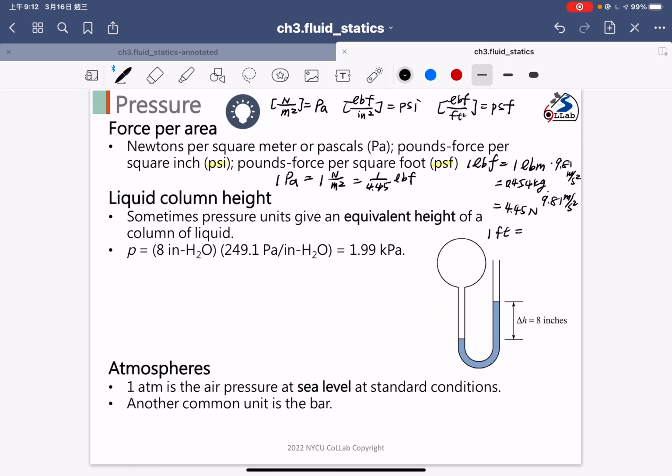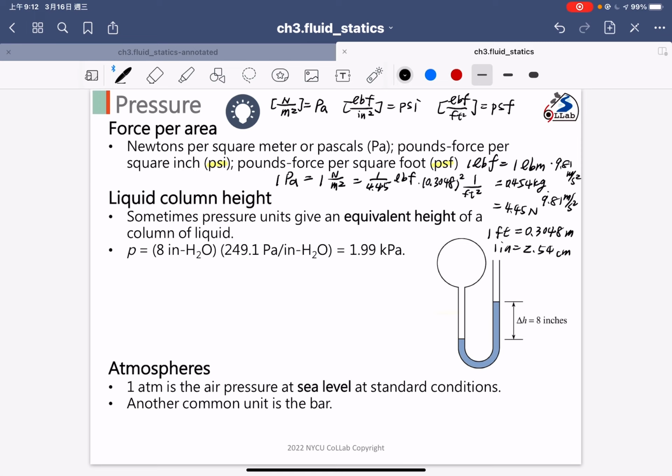And then we know that 1 ft is equal to 0.3048 meter, and 1 inch is equal to 2.54 centimeter, right? So you can convert the unit by yourself. In here, if we multiply by 0.3048 squared, the unit will convert to ft squared over 1.